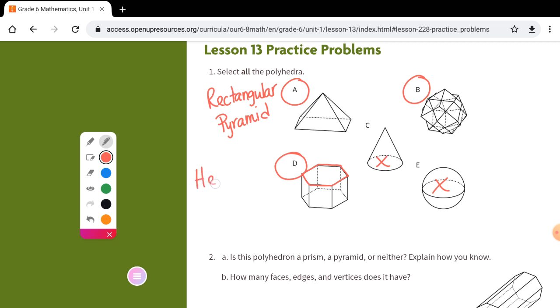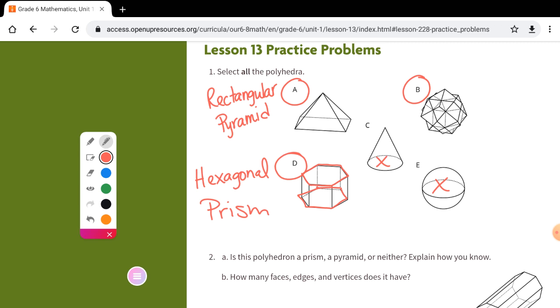This is a hexagonal, and you'll hear it pronounced both ways. But what other word do I need, Tatum? Prism. Because it has 2 hexagon bases. So the base shape helps us name it, but then it's always going to be a prism or a pyramid.